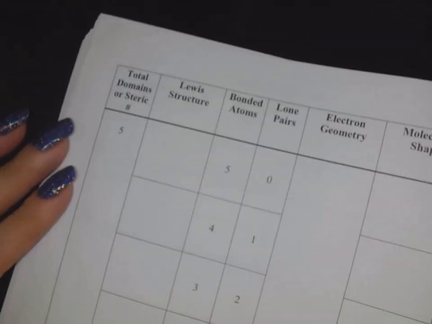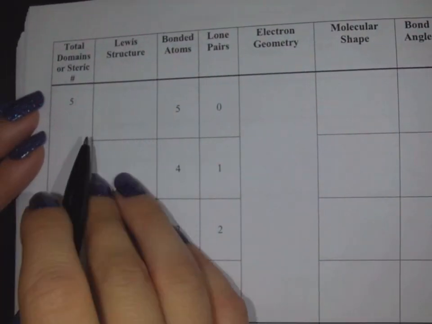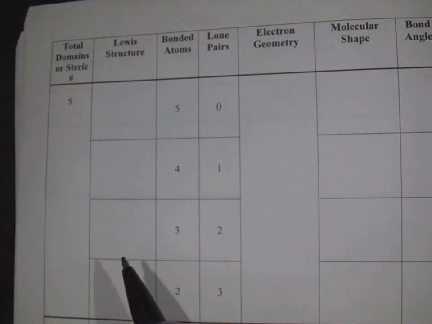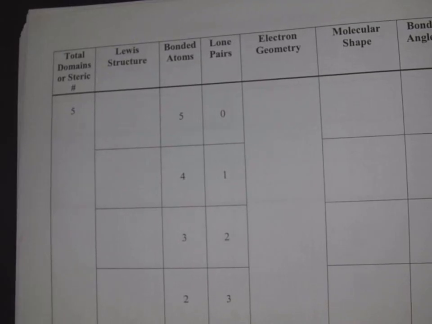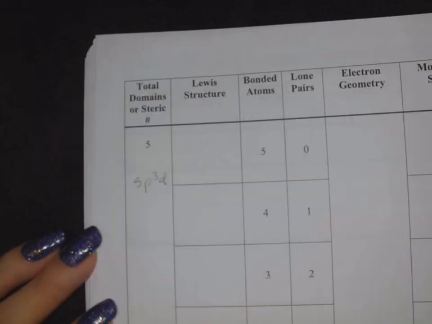Something we used to think, this is actually kind of recent chemistry. We used to think that the hybridization for 5 was sp3d, and that makes sense, because we know after our p orbitals that we have d next. So we used to think that it was sp3d.